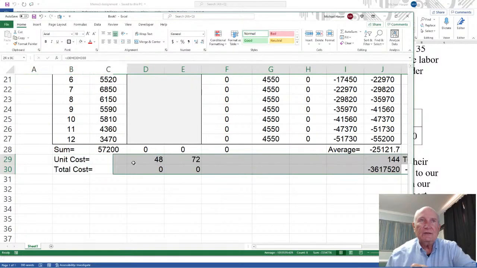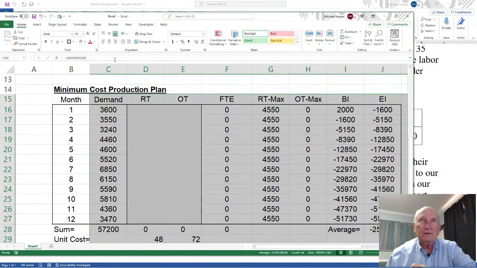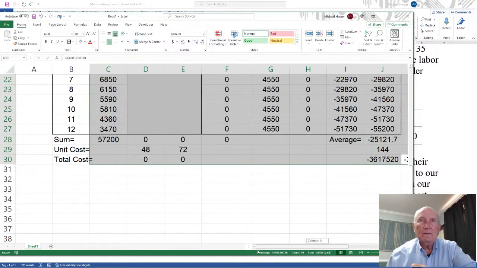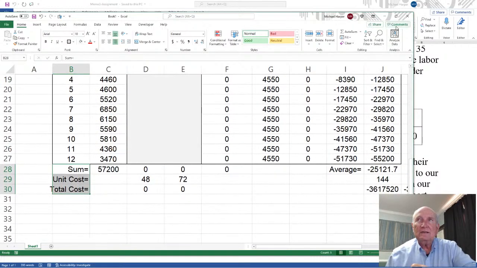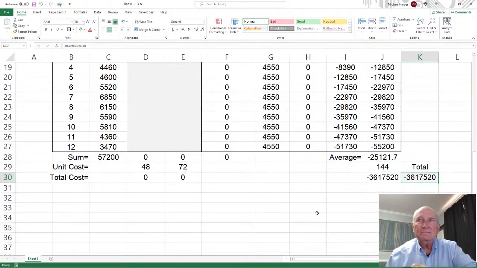So let's center all these so that they're easier to read. There we go. And these we can right justify just to make them look better. Okay, now, I guess also what I want to do here, just to be careful, is box this in and shade this in.